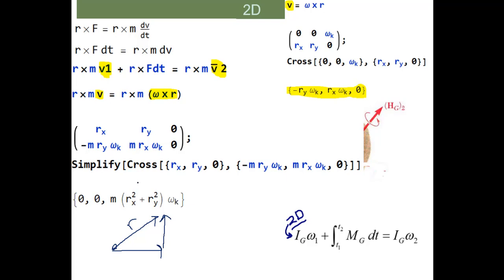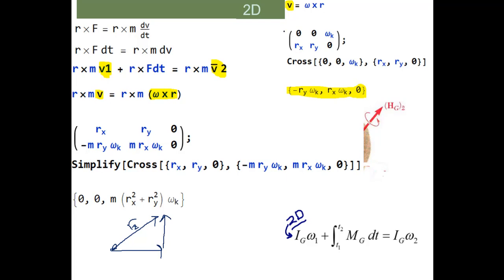So this is the distance away from your z axis. Okay, a squared plus b squared equals c squared. So that's where we got that nice inertia happening around our center of gravity. And you can combine this together and we get a very simple relationship for that r cross mv turning into our moment of inertia. Okay, so that was 2D.